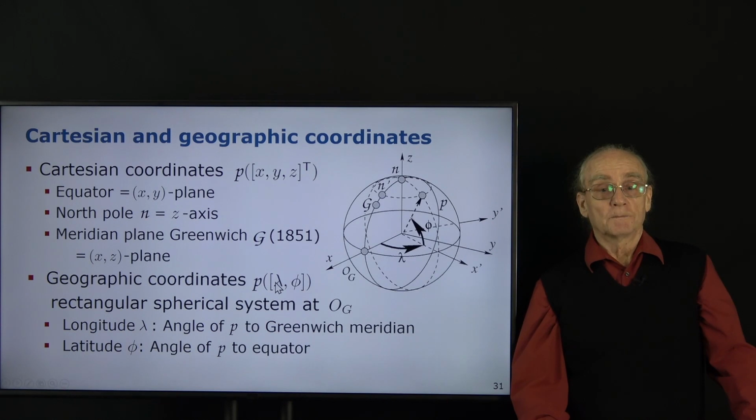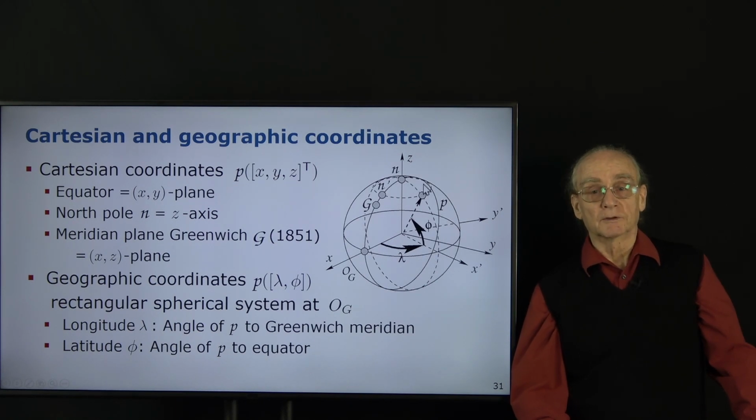So let's assume we have the origin of this geographic coordinate system at this point of the equator going through the Greenwich meridian. And you have here the point P. Then the longitude is the angle between the 2 meridians, one through Greenwich and one through P. So it's this rotation angle from here to here, or from here to here.